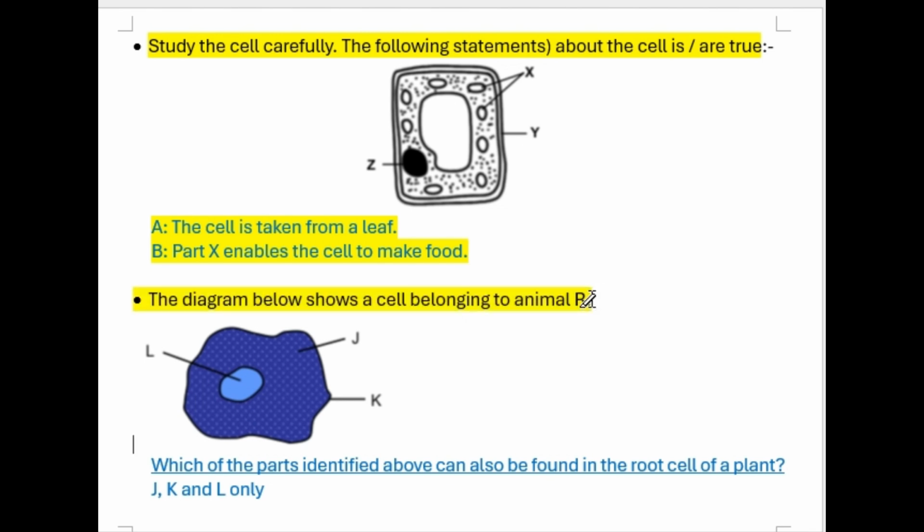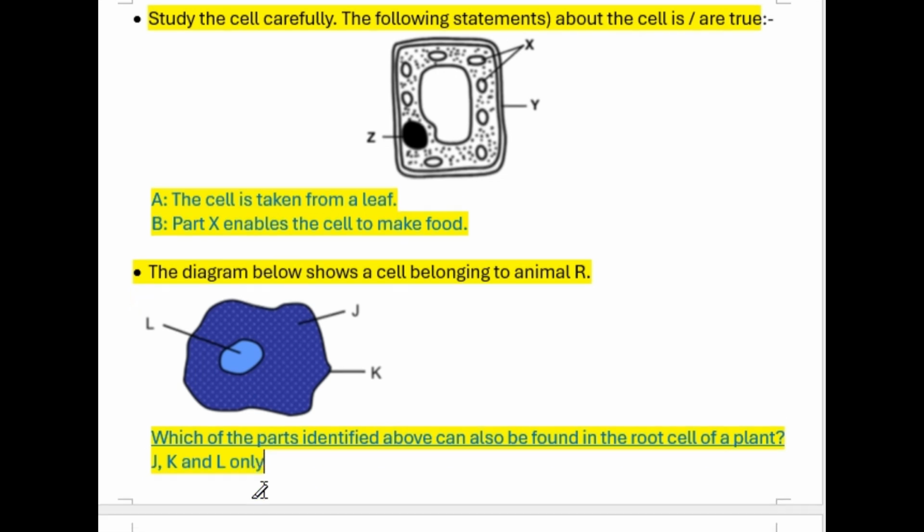The diagram below shows a cell belonging to animal R. Which of the parts identified above can also be found in the root cell of a plant? J, K, and L only.